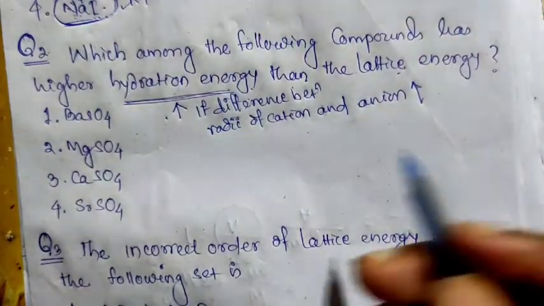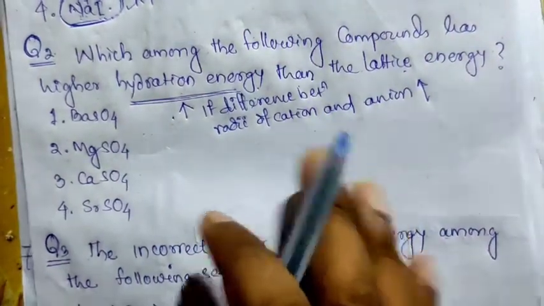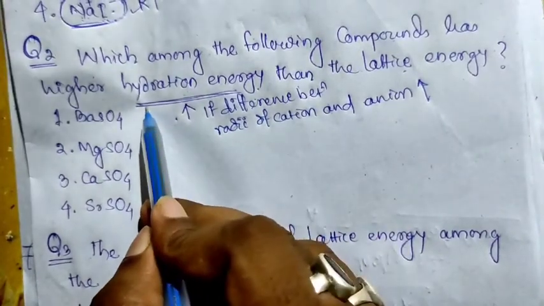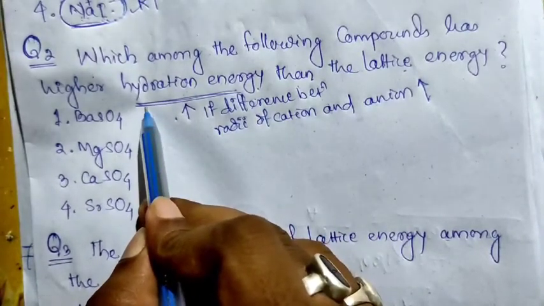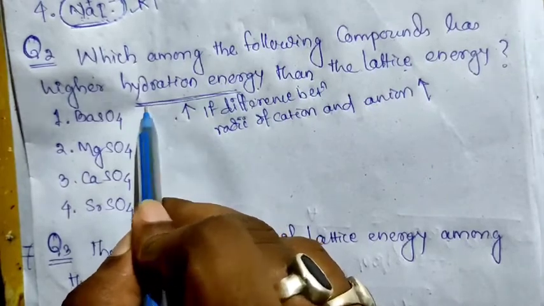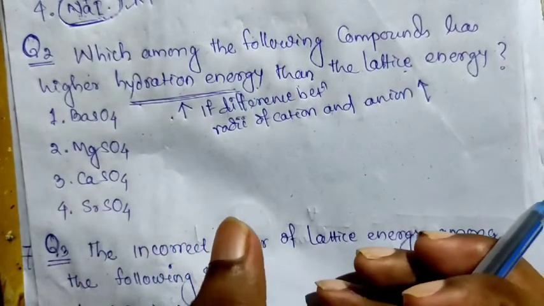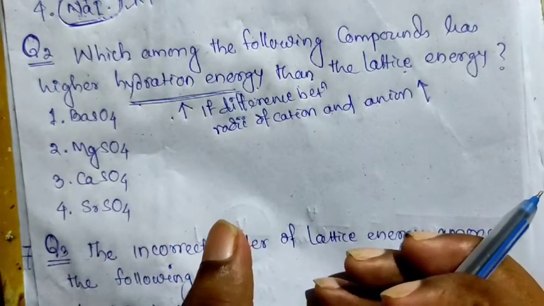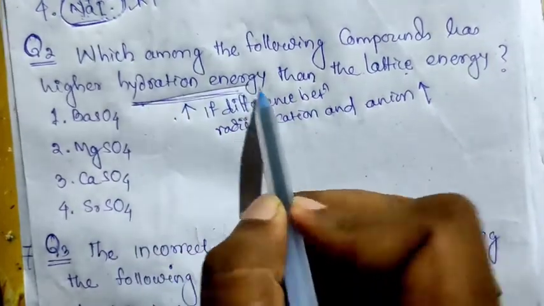So when the difference between the radii of cation and anion increases, hydration energy increases.